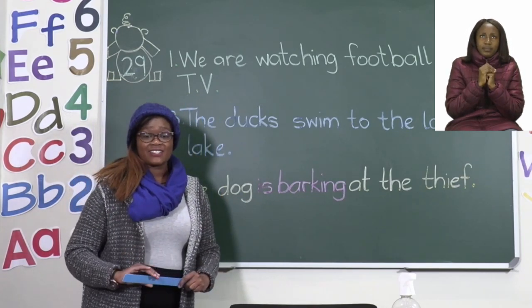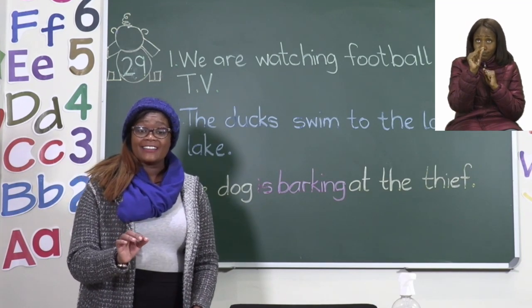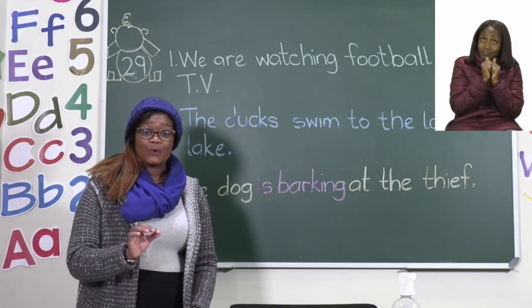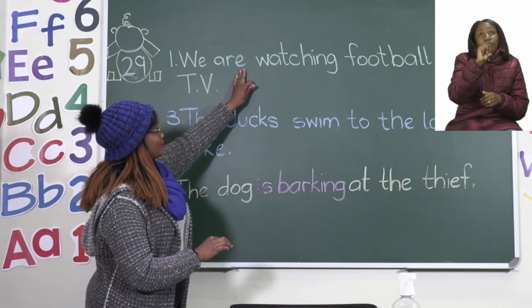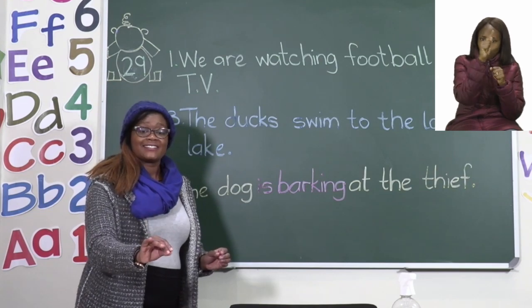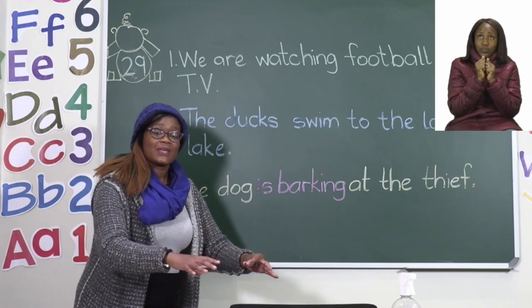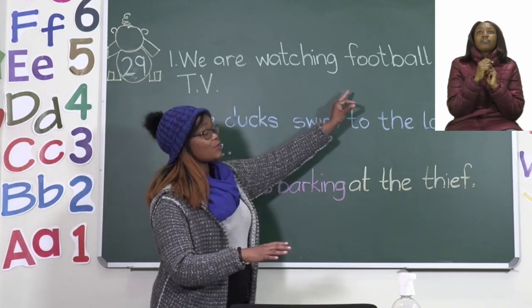Now remember the instruction. It said we must circle the verb and the additional doing word. So we have the word are, which is part of the words that we're going to be using for the present tense, which means they're actually doing it right now. And what are they doing? They are watching football.